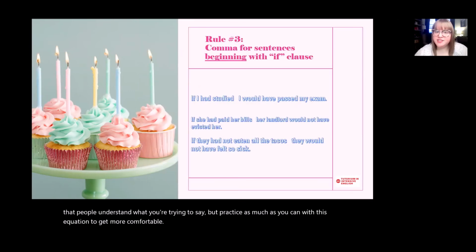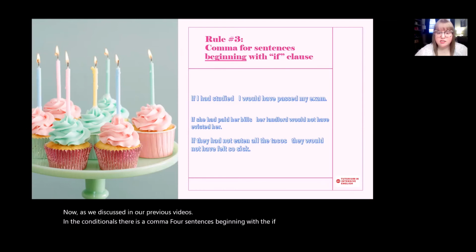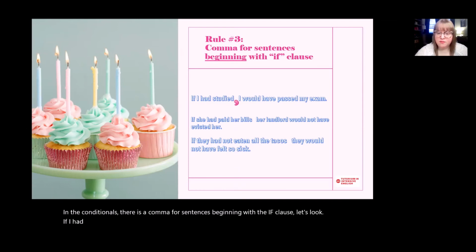Now, as we discussed in our previous videos, in the conditionals, there is a comma for sentences beginning with the if clause. Let's look. If I had studied, I would have passed my exam.